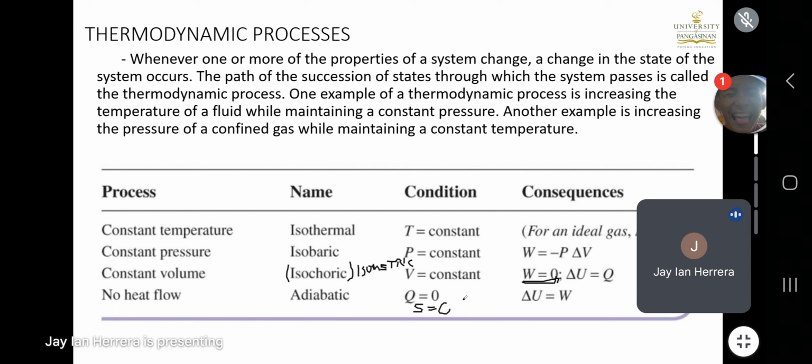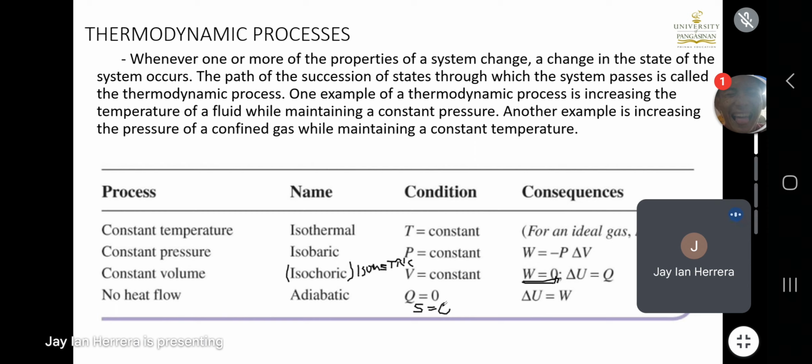Since there is no change in entropy, there is no flow of energy; it is insulated.